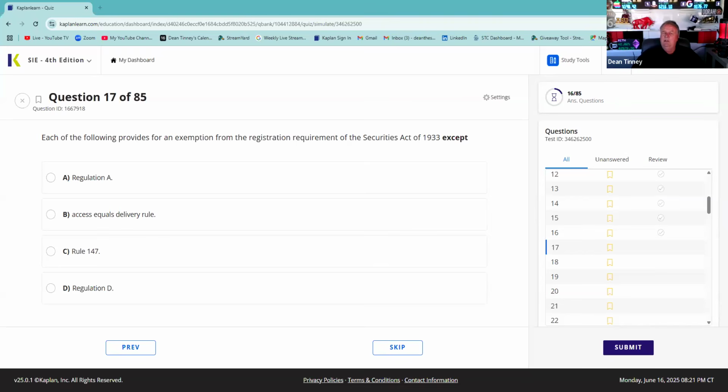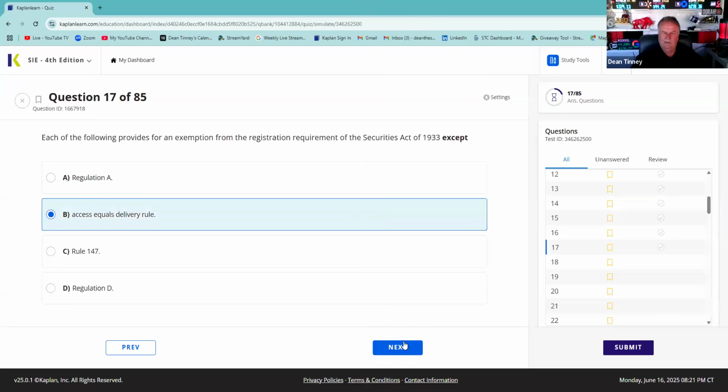This is an intrastate offering of securities. I'm only offering it in one state, and I'm only selling it to residents of that state. And the issuer has to have 80% of the business and assets within the state. So Reg A, Rule 147 and Reg D are all exempt transactions or safe harbors, which leads us to the answer. There's no such thing as that. Right? No such thing as that.